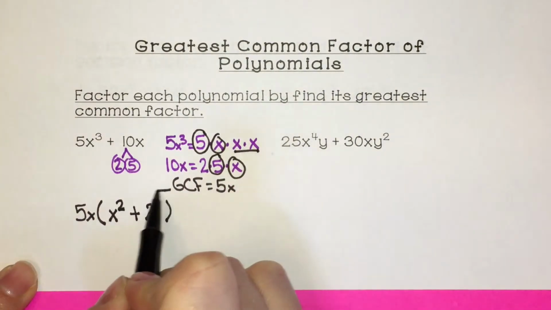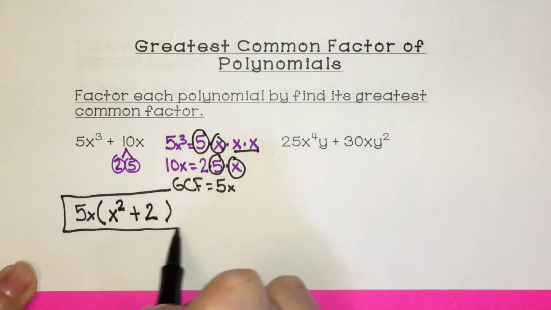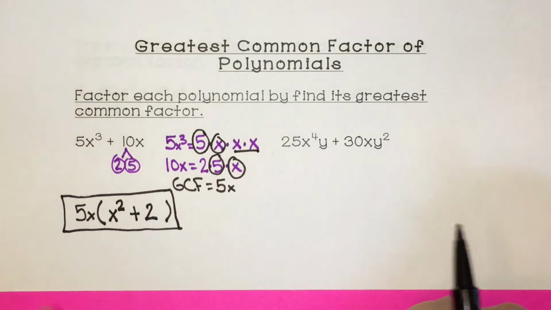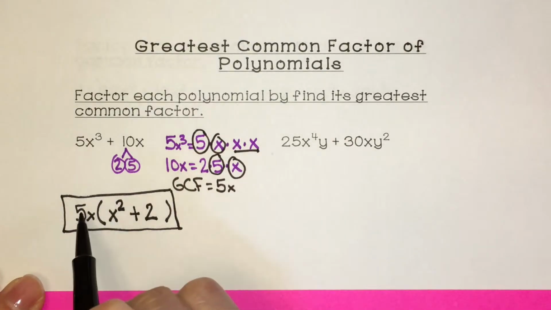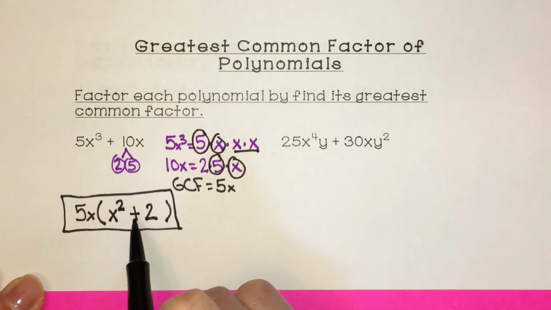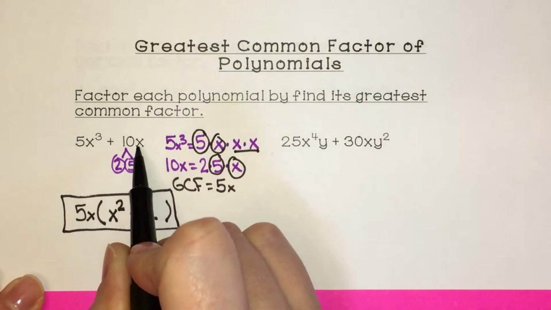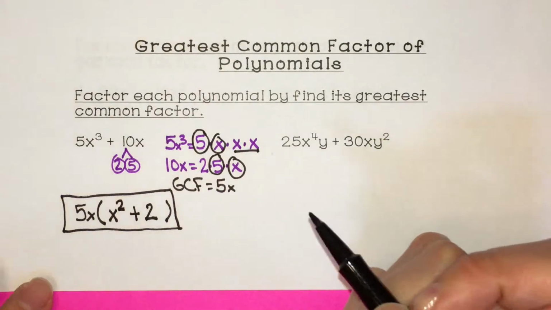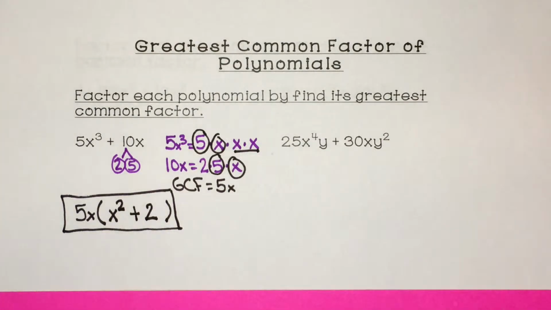So by factoring out the greatest common factor, I have 5x times x squared plus 2. If I remultiply this, 5x times x squared is 5x cubed, plus 5x times 2 is 10x. Okay, so that's one way of looking at it.